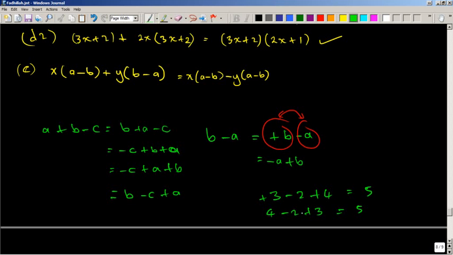Same. Even if I put minus 2 plus 3 plus 4, I jumble it again, still 5. It's always the same one. Okay? Always the same. No matter what order you put it, always the same.